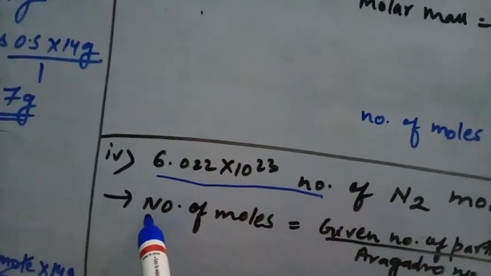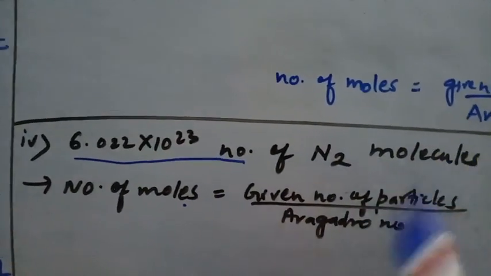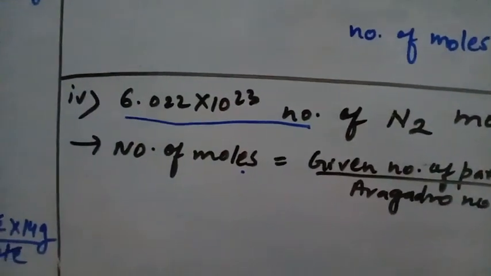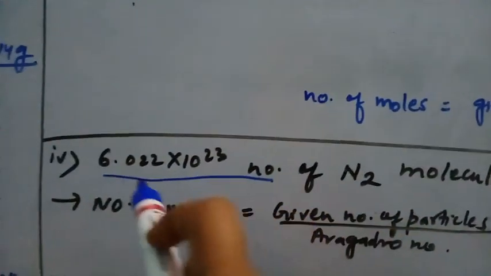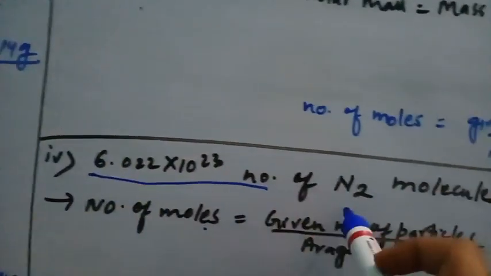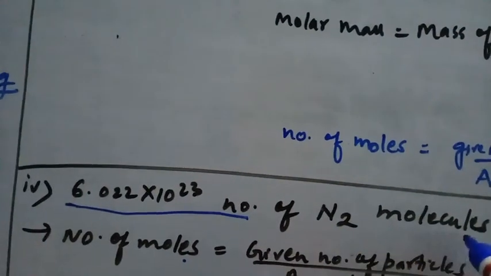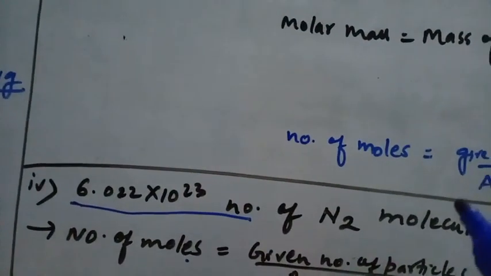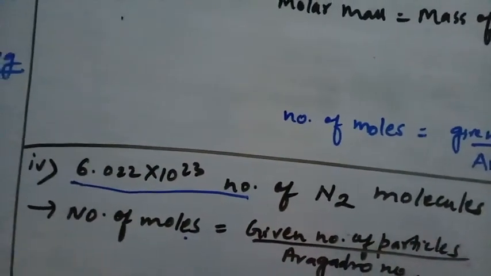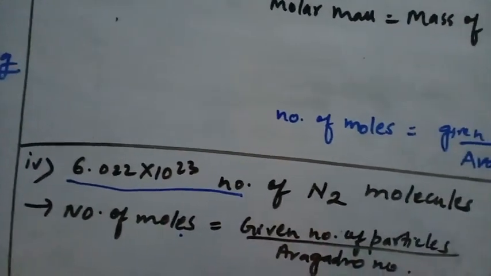From that we will find out the number of moles of nitrogen molecules, and then we can calculate the mass. This is a very easy question. You know that nitrogen molecules have 6.022 into 10 to the power 23 molecules in 1 mole, and for 1 mole of nitrogen molecules we will calculate the mass.